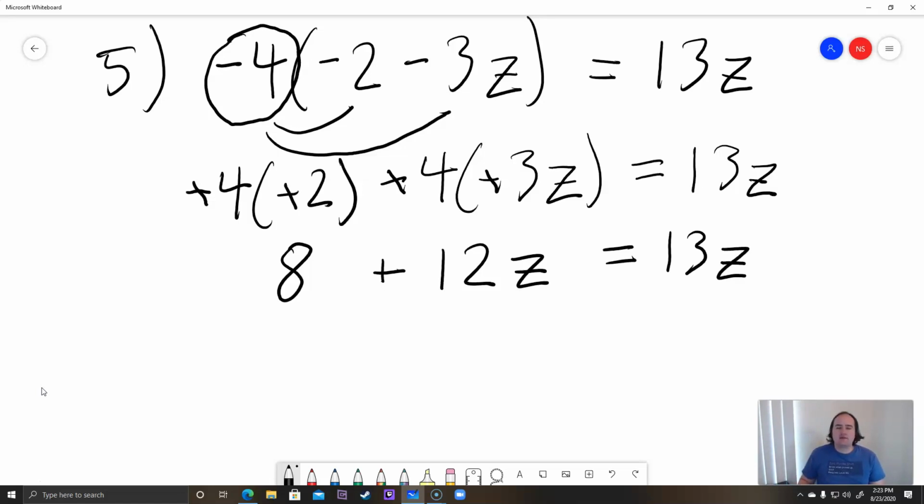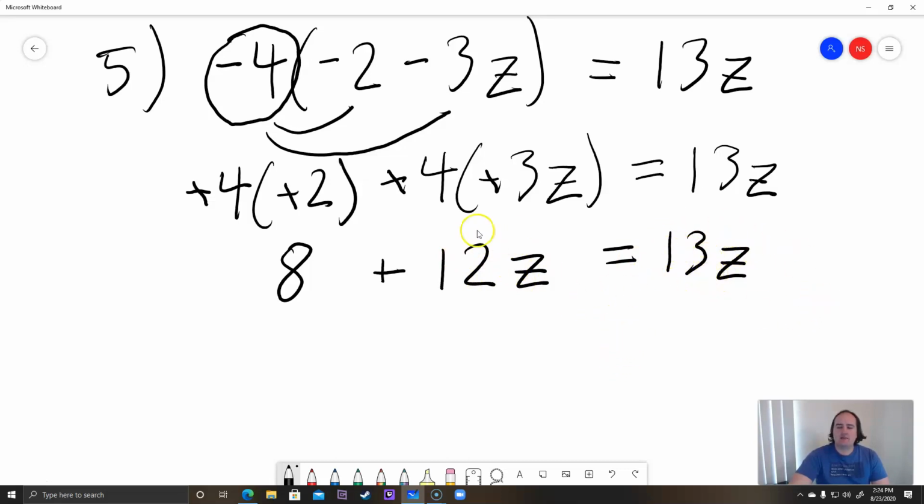Now here we have a new situation that we haven't seen before in this class, which is because we have an equation here, we have to get z on one side to isolate it. The problem is right now we have a 12z on the left side and a 13z on the right side. So we're going to have to either get rid of the 12z or get rid of the 13z.